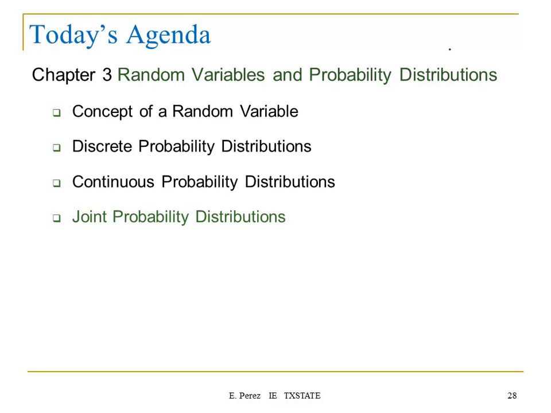We look at how one variable affects the other, and also how to get the marginal distribution from a joint probability distribution. And the last thing we covered was the concept of independence for joint probability distribution. So this covered the material on random variables, discrete and continuous distributions, and joint probability distributions.